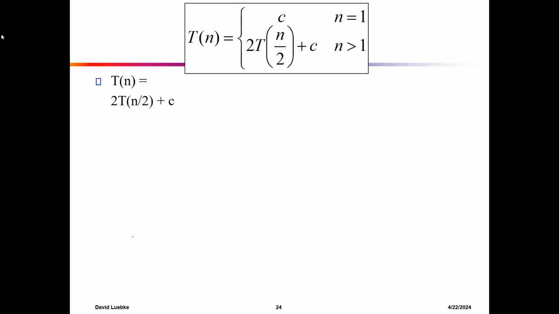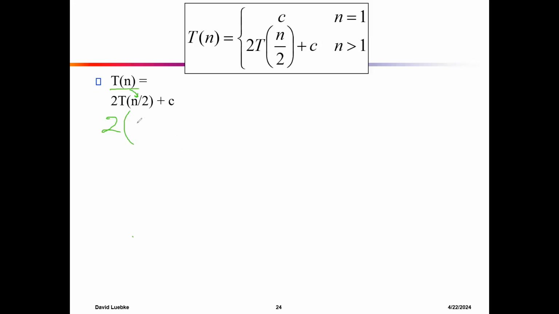So what's going to come next? We're following this pattern because it is recurrent. You will see this is half multiplied by 2 plus C. So we'll get here now 2 into what?